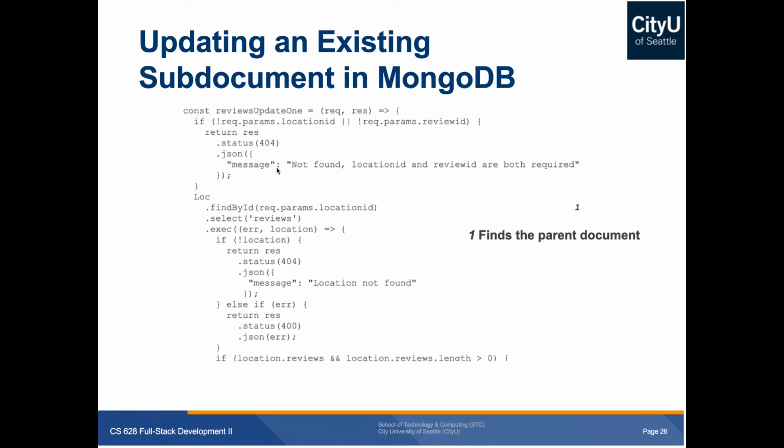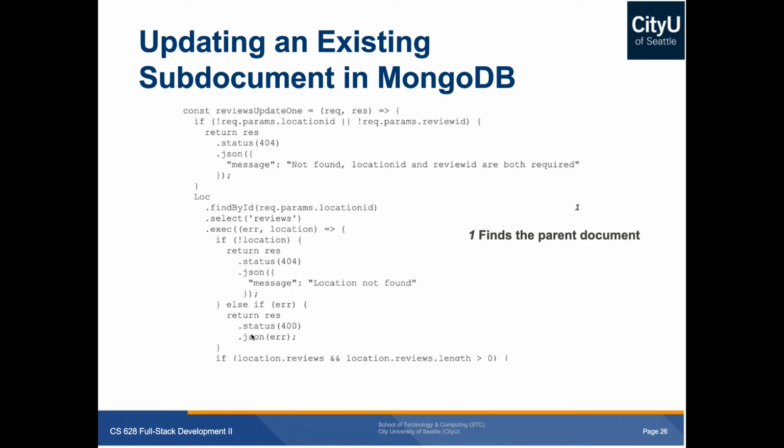If we have both of them, we can proceed. The location model, let's do a find by ID. We'll first try to find the location. Once we find the location, select the subdocument reviews. Okay, then we execute the query. Then let's check first if the location does not exist, throw an error. Throw this message. If we have any error, throw this error.